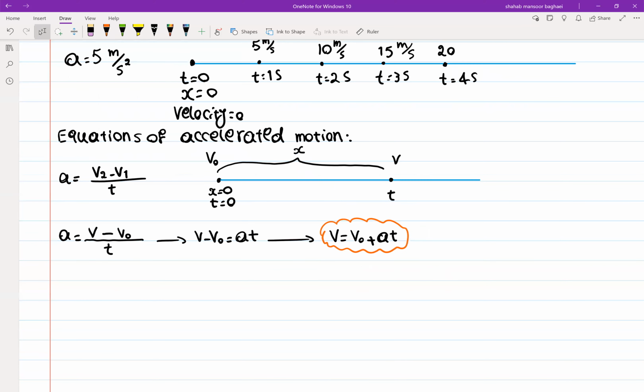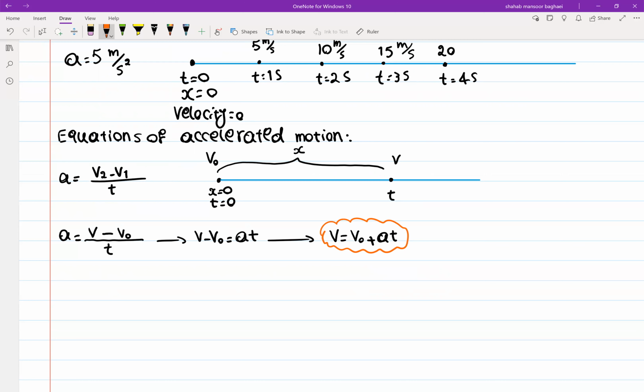Pay attention, please. This equation is resulted from initial definition of acceleration. Therefore, I just proved this equation that it is called velocity equation. So you can use this equation to find the velocity of your particle.